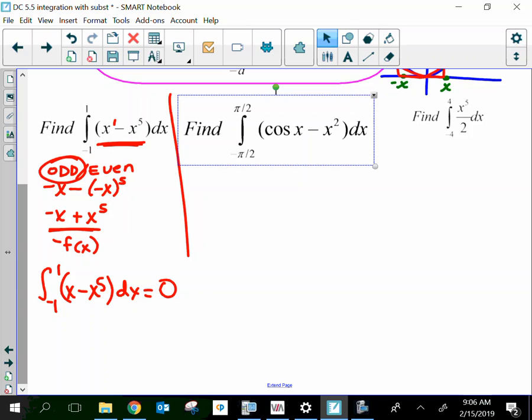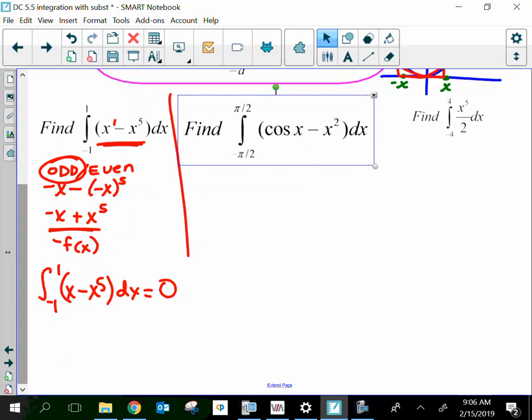All right, now we have this one. Y'all remember the trig functions, which ones are even and odd? Cosine is even, that's right. And of course that makes secant even. But the other two, tangent and sine, are both odd.